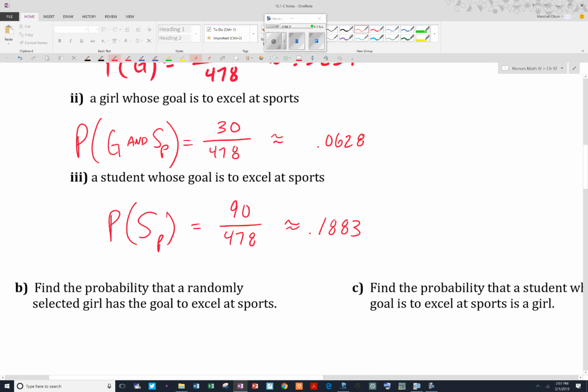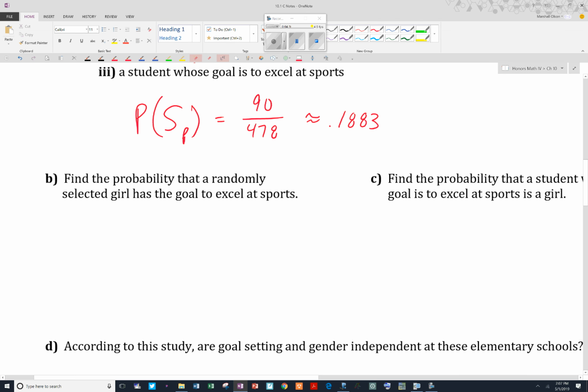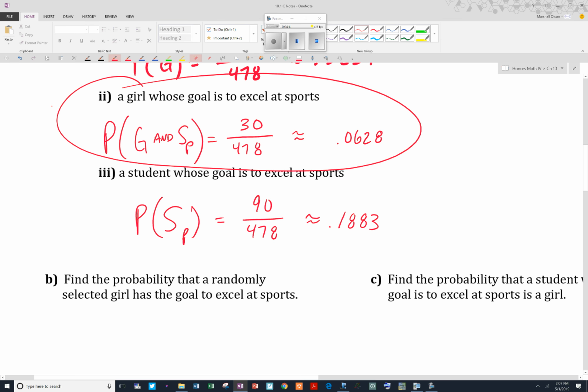Okay, questions? So now here's where things get interesting. This next one says, find the probability that a randomly selected girl has the goal to excel at sports. That is not the same as this one. It doesn't say a randomly selected student was a girl who likes sports. It was a randomly selected girl.